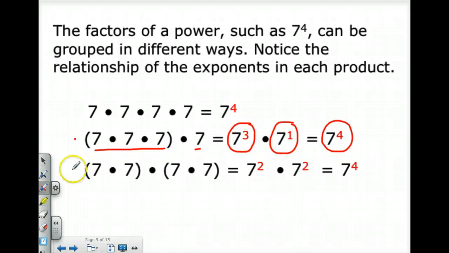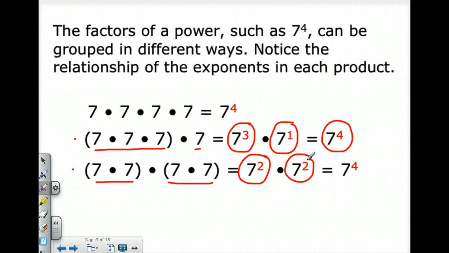And in my third example, you'll notice that I have 2 7s grouped together, so that's 7 squared, and then another set of 7s, which is 7 squared, and again, our answer is still 7 to the 4th power. There are still 4 7s, we just have some grouping symbols.